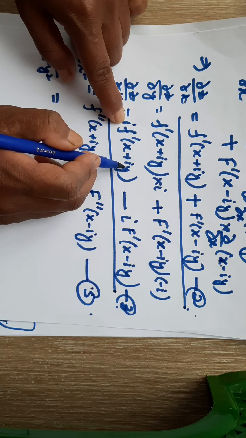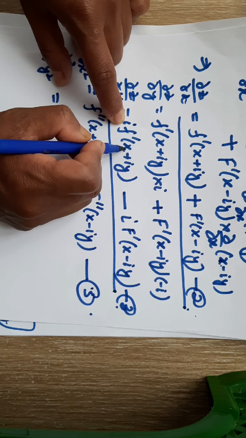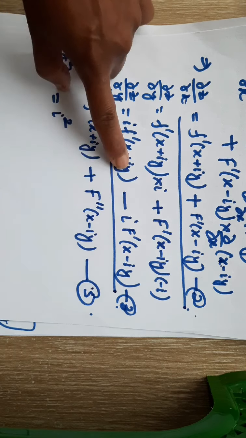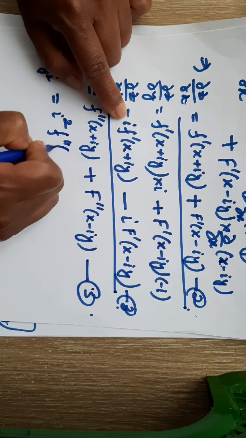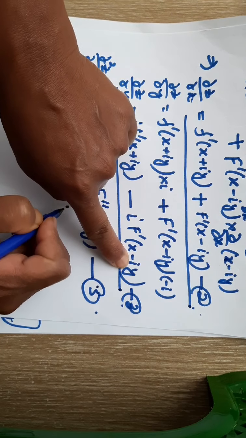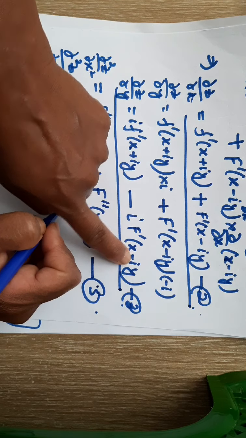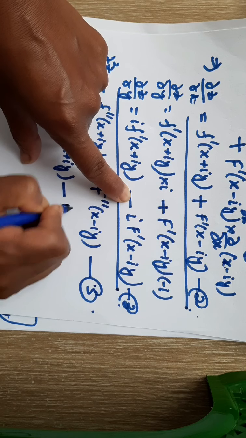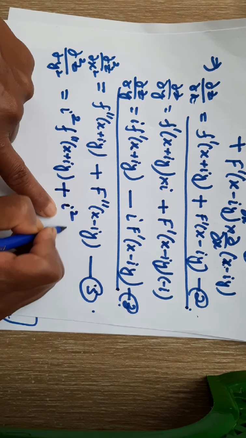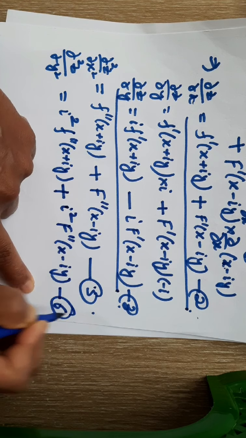If you differentiate with respect to y, you will get here i², because differentiation of x + iy with respect to y will be i, so i into i will become i², so i² f''(x + iy), minus, this one, i into minus i will come out from here, so minus i into minus i, minus into minus will become plus, so it will become i² F''(x − iy). So this is equation 6.